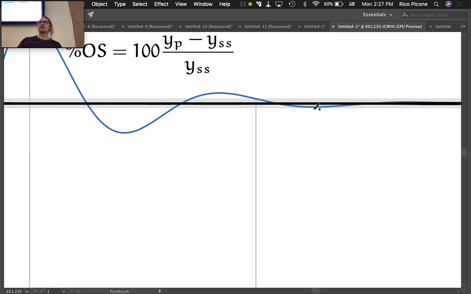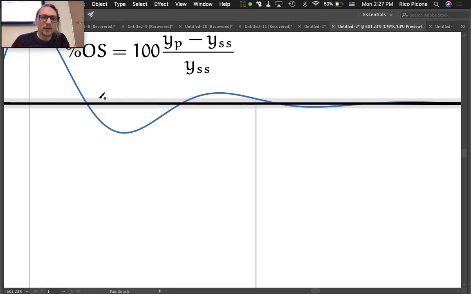So the gray band is telling you if you're within this after a certain point, you've pretty much settled down into your steady state, but it's never going to stay at steady state until time goes to infinity, right? It's never going to quite stay there. So you define a bound, and it's an arbitrary choice, the 2%, but it is a standard that's used throughout the literature that I've ever seen on what the settling time means.